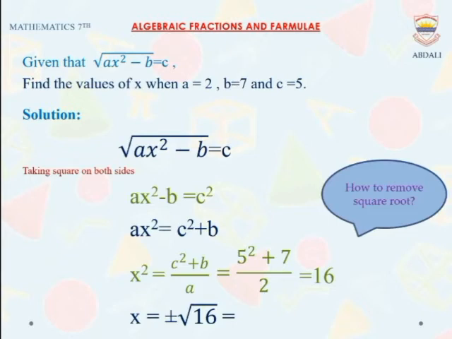Why do we write plus minus? Class, when we take the square root, its value will always be plus and minus. So square root 16 will be answered as 4. Okay. So x equals plus minus 4.